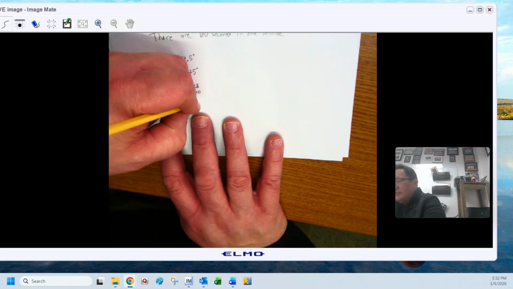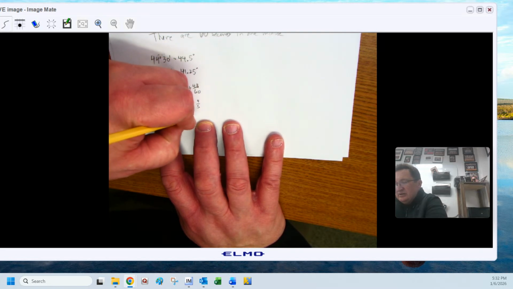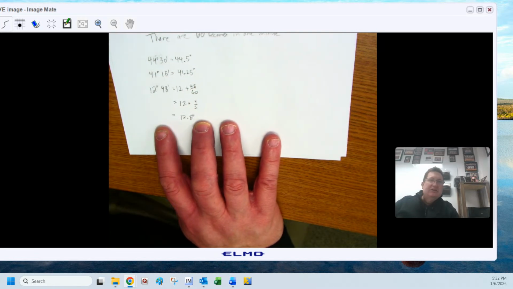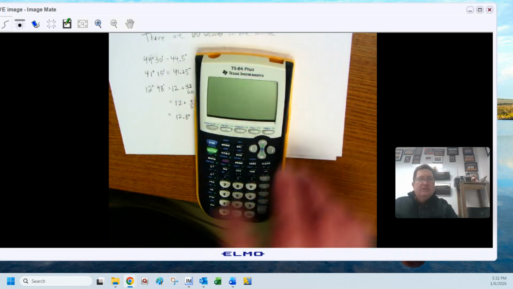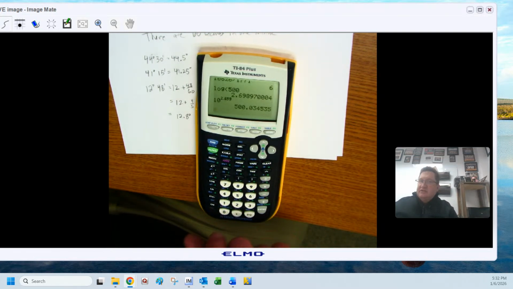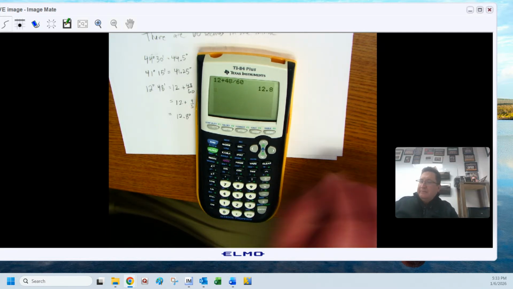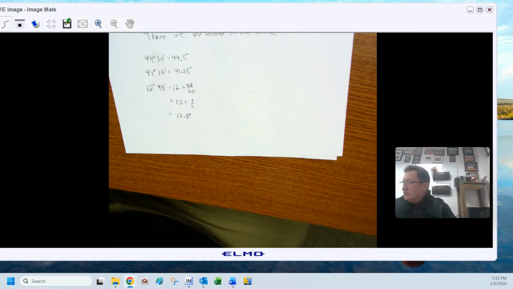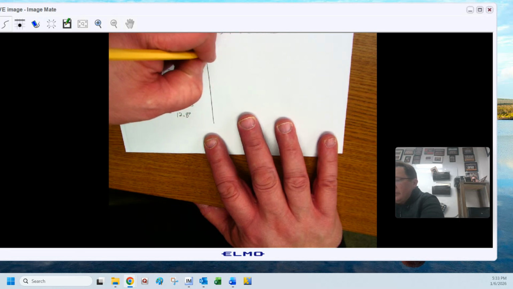And so this is 4/5. And so 4/5 is 8/10. So that's 12.8 degrees. Now with your calculator, it's true. You can just hit 12 plus 48/60ths. Boom, it's 12.8.